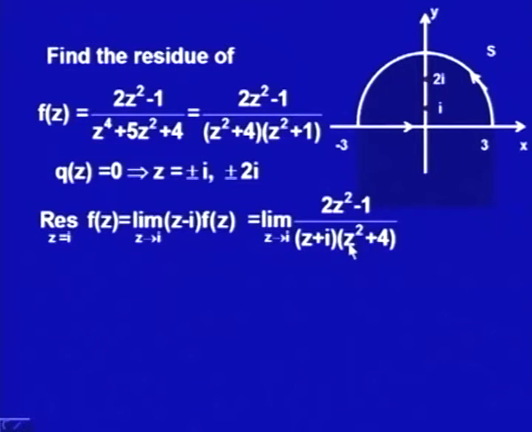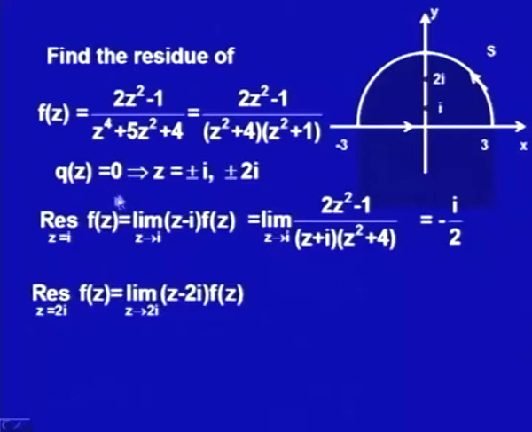At z is equal to i, z² is minus 1, so minus 1 plus 4 would be 3. So, we are getting 3 into 2i, that is 6i, while in the numerator we are getting minus 3. So, we are getting minus 1 upon 2i, that we could write as minus i by 2. So, we have got it, minus i by 2.